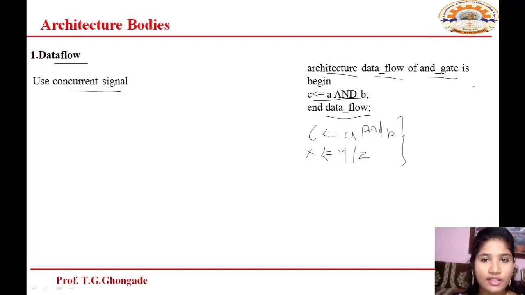So this is the data flow style of modeling, in which you can specify how your data is flowing and from where. Data flow style of modeling is one of the simplest, most straightforward and clear styles of modeling.